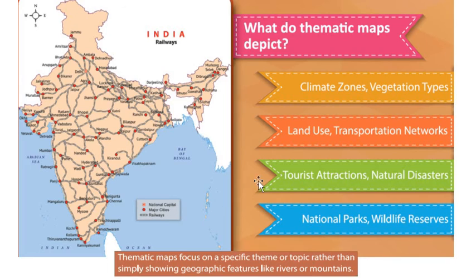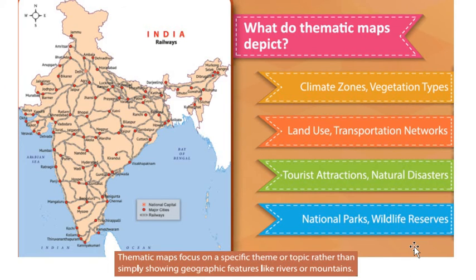Various themes and topics can be specified using a thematic map. See, national capital, major cities, and the major railway network are shown over here. Thematic maps focus on a specific theme or topic rather than simply showing geographic features like rivers or mountains.